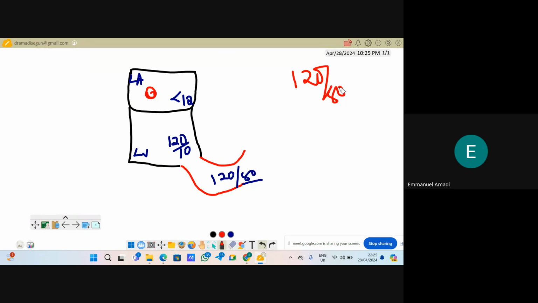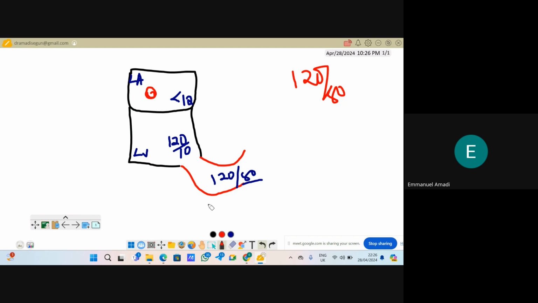That is also applicable to the concept we're dealing with here. The 120 is the systolic ventricular pressure, while the 10 is the diastolic ventricular pressure. Now, what it simply means is that at the end of systole, the pressure in the ventricle is 120. 120 is far above 12.